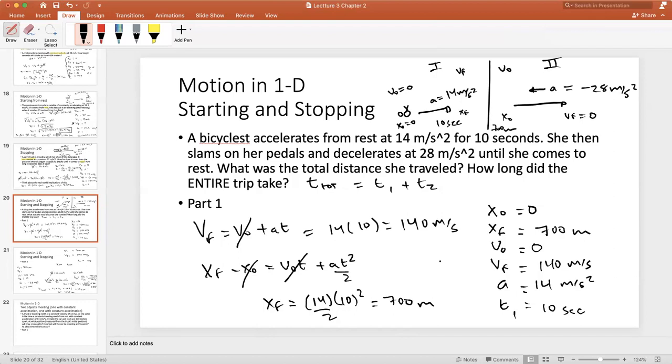But the big takeaway here was we had to divide the problem up into 2 distinct regions. And then we had to take region 1 and relate it to region 2 to get the answers we wanted. Pretty simple, but I believe there's a homework problem much like this. And it may have a constant velocity section in the middle of it, right?